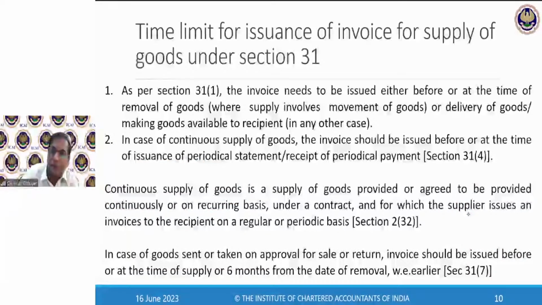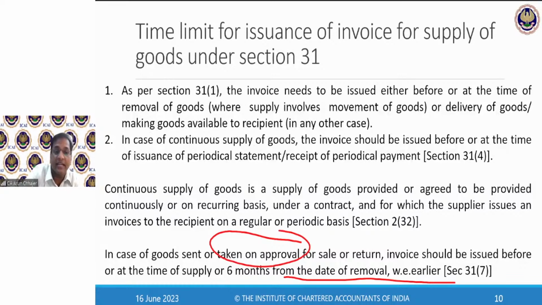Now there is one more provision, section 31 subsection 7, which talks about goods sent on approval. There is a concept of sales on approval, right? In this case, what is the last date to issue the tax invoice?